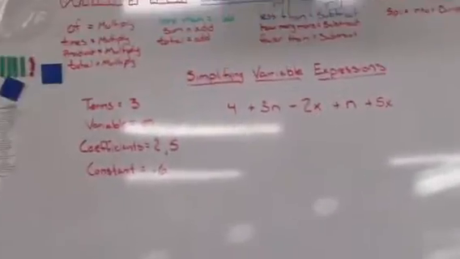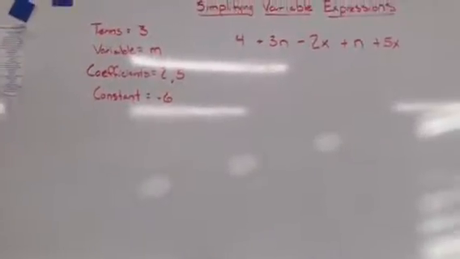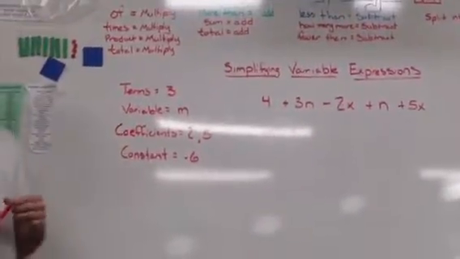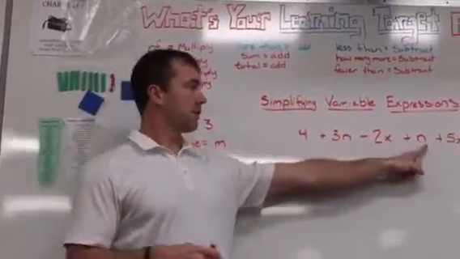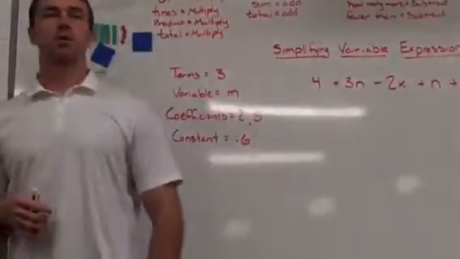Okay, help me with my like terms. How many terms do I have? 1, 2, 3, 4, 5. Right? Okay, which ones are like terms?